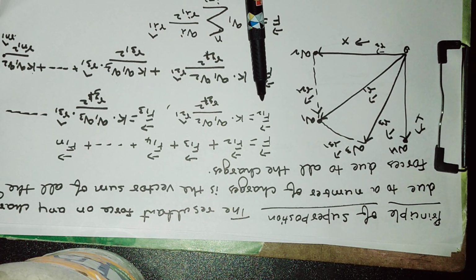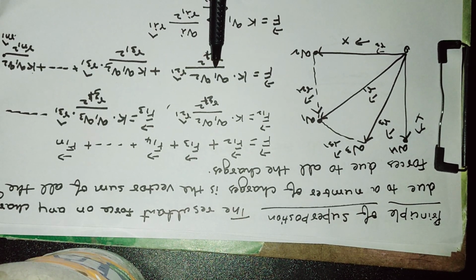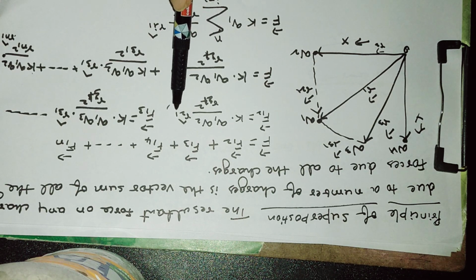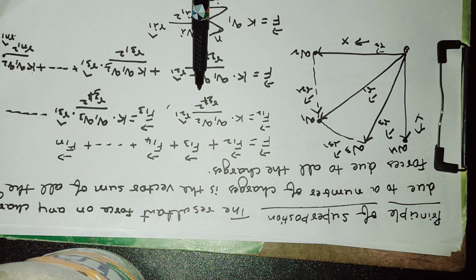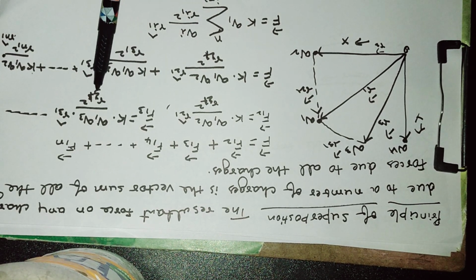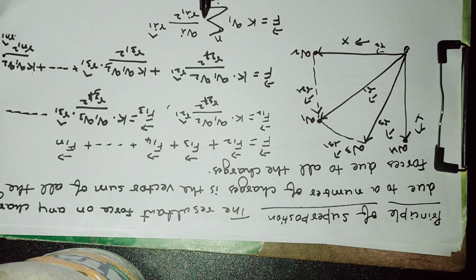So F12 is K into q1 into q2 by r21 square into r21 cap. This you already know, how we represented it in vectorial form. Similarly, vector F13 is K into q1 q3 by r31 square into unit vector r31 cap. Now I have just written it in each term.